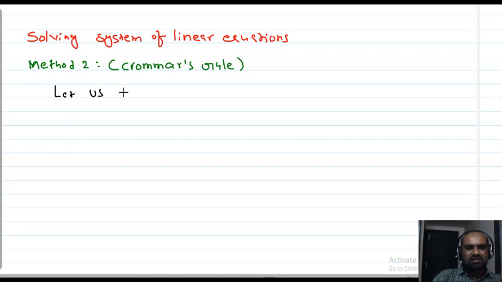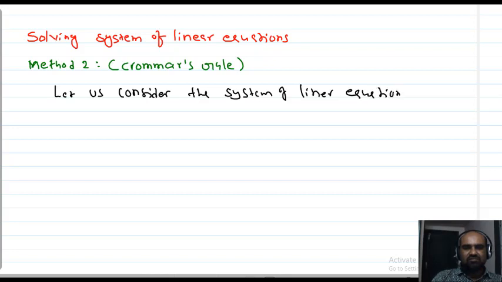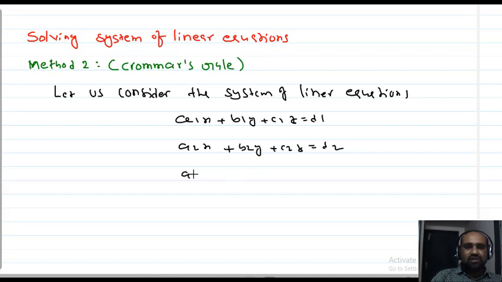Let us consider the system of linear equations: a1x plus b1y plus c1z equal to d1, a2x plus b2y plus c2z equal to d2, a3x plus b3y plus c3z equal to d3.